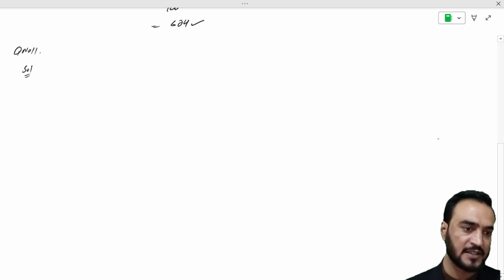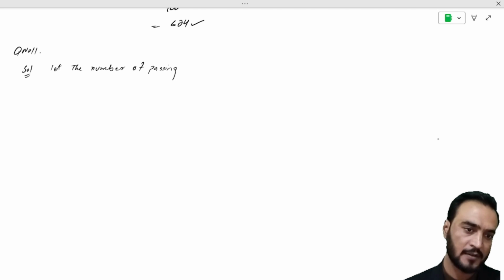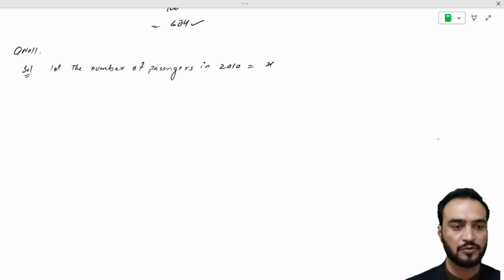Let the number of passengers in 2010 be equal to x. We don't know the number of passengers in 2010, so we let that number of passengers equal x.